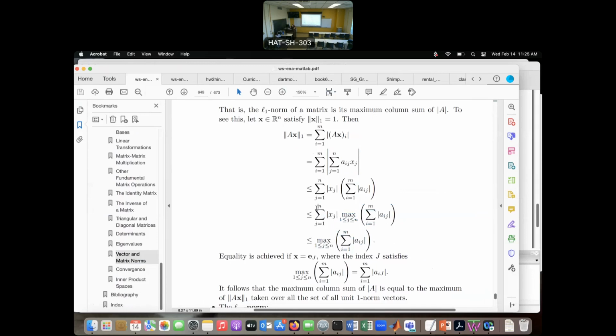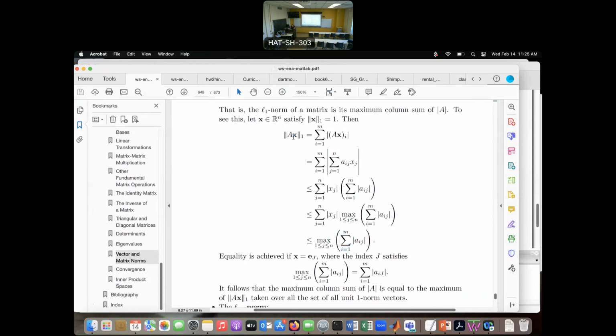And I'm left with the sum of all the absolute values of the elements of X, which is 1. So that's why this part can just go away. So now I've established that the one norm of AX is less than or equal to the maximum column sum, whenever X is a unit vector in its norm.